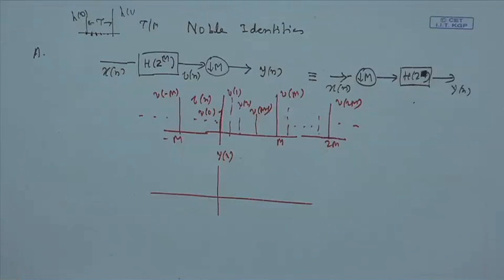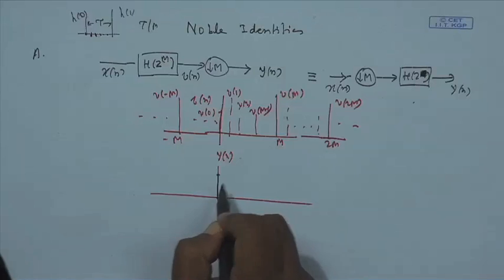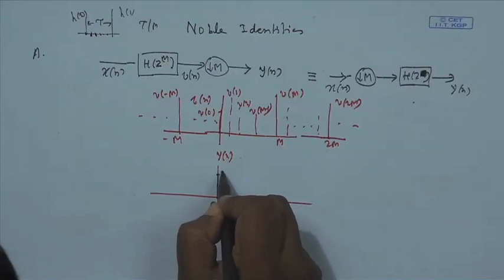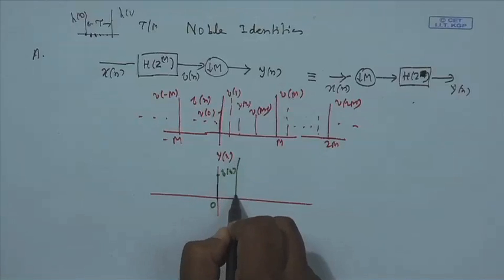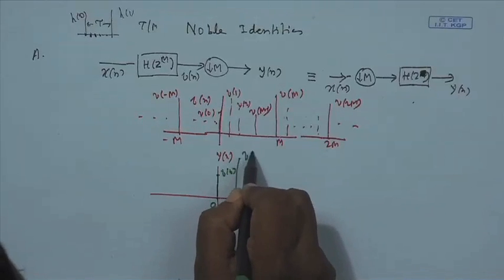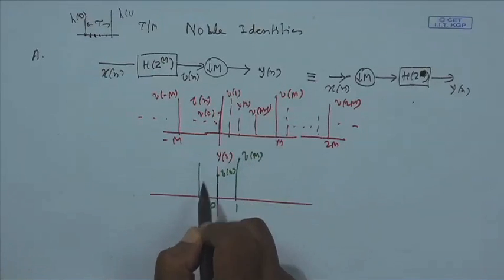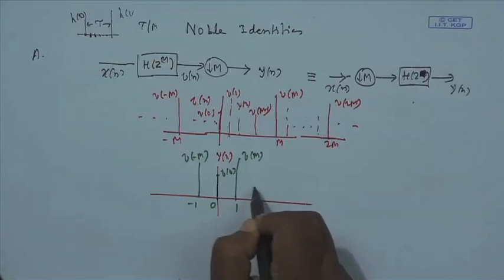So, it will be, at 0th point, v 0 coming, at point number 1, v M coming, at point number minus 1, v minus M coming.